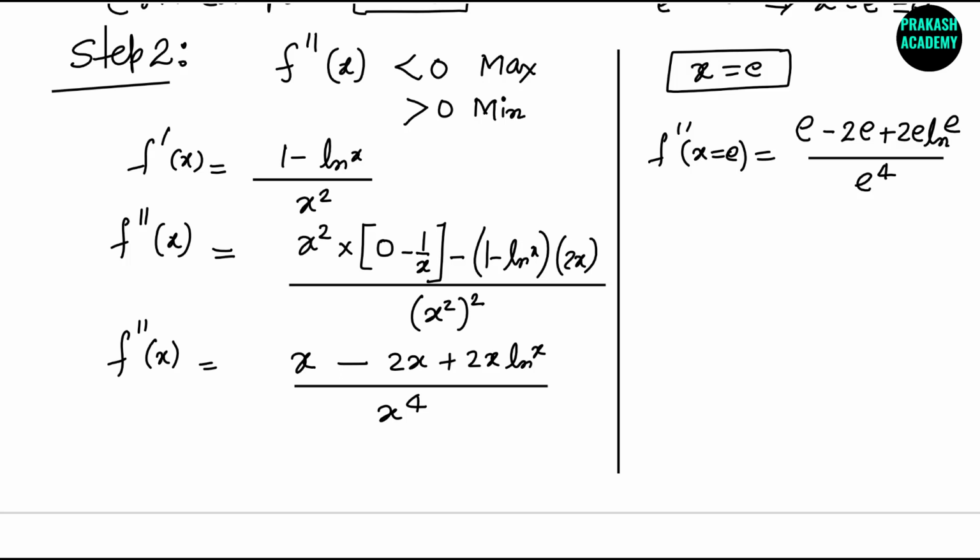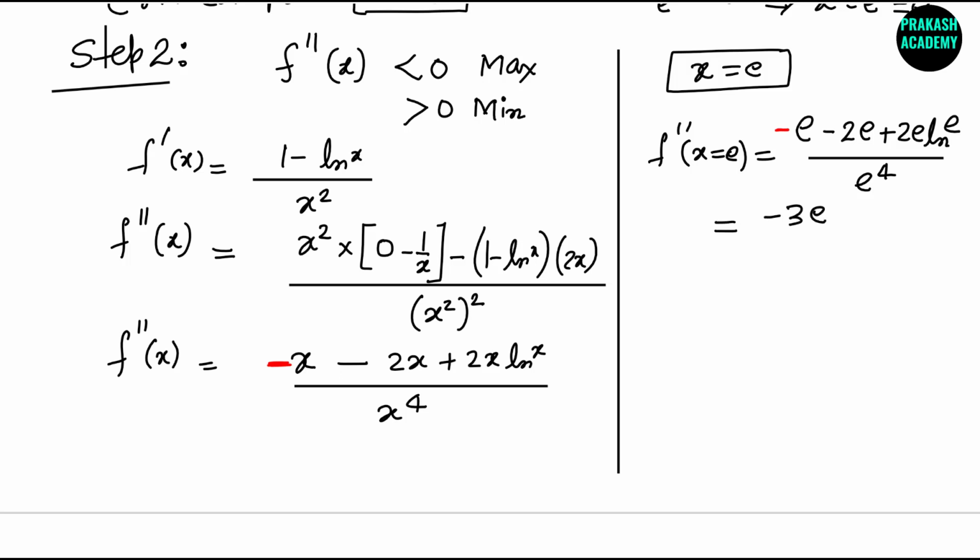So I made a mistake here. So this is minus x squared times 1 by x, so this will be minus x. So this is minus x and this will be minus e. So minus e and minus 2e, so I will have this value minus 3e.